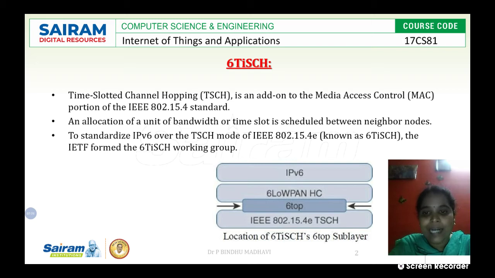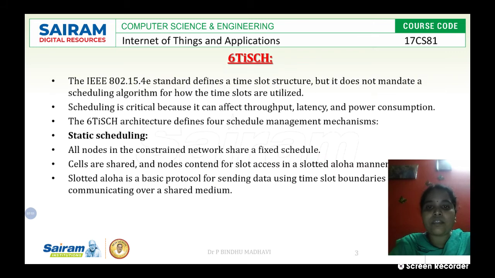To standardize IPv6 over this time slotted channel hopping mode, known as 6TiSCH, the IETF formed a proper working group, which is allocated for the communication between the nodes. The allocation of the bandwidth or the time slot will be scheduled between the neighboring nodes. That is the first job performed by this standard.